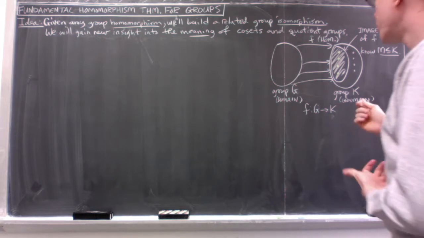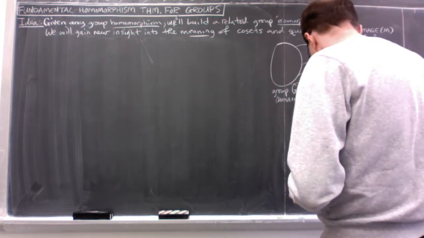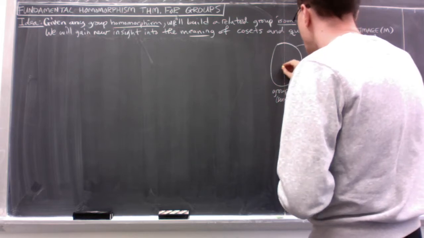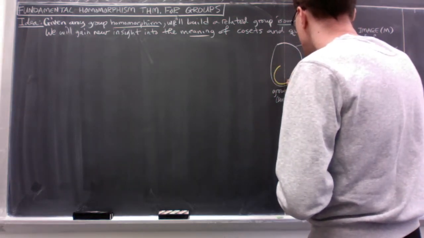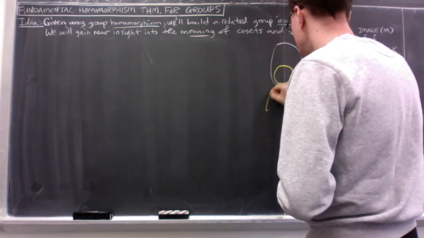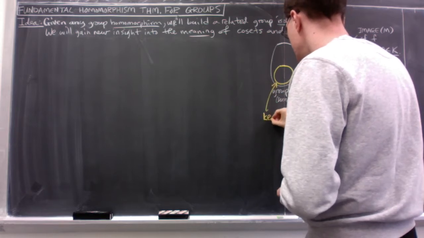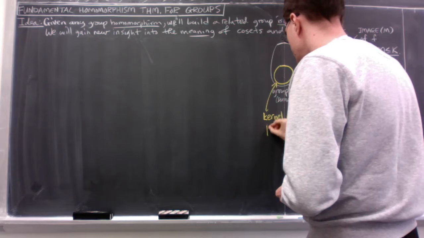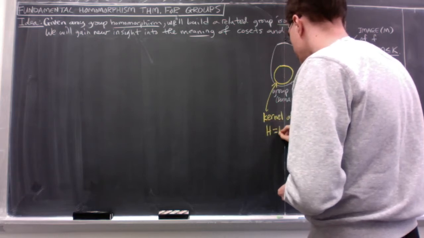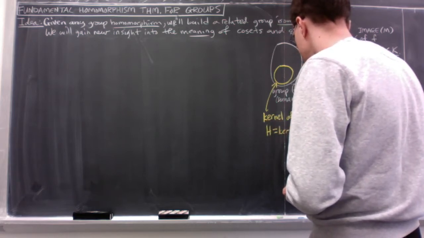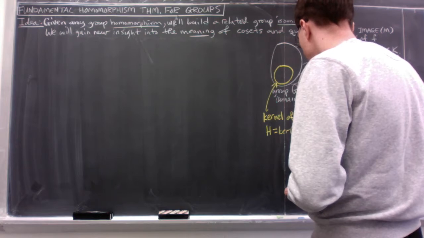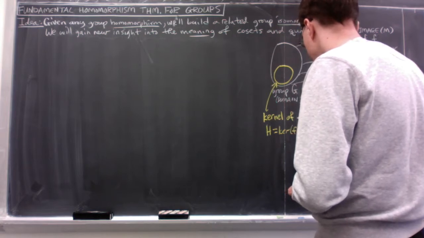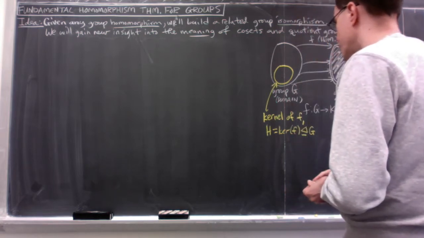But what about being one-to-one? So that's a harder issue. And recall, we had this thing called the kernel. So let's call it H for short. And we saw that this kernel is always a normal subgroup of G. We proved that.